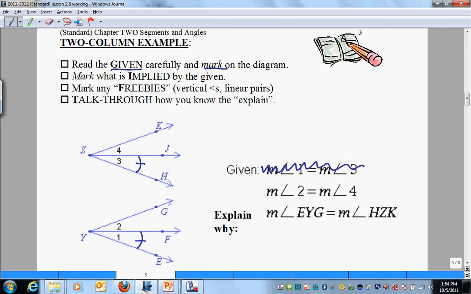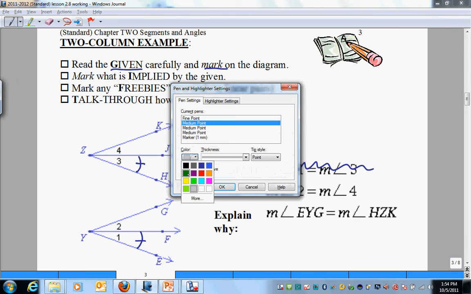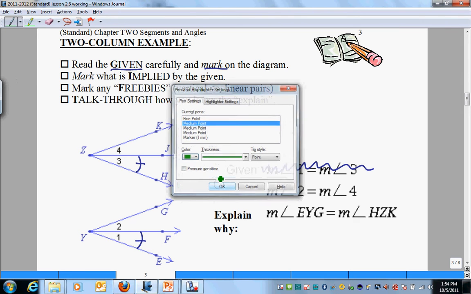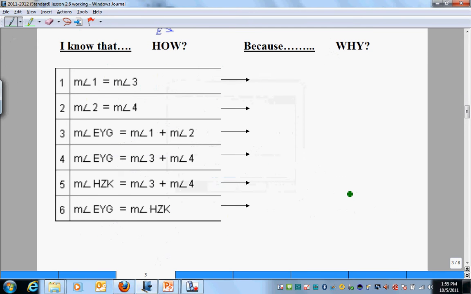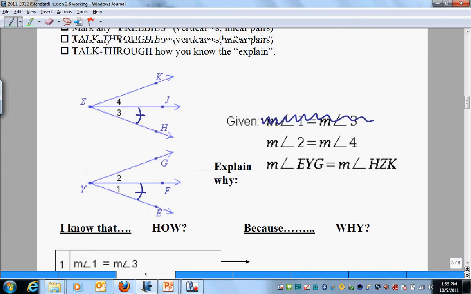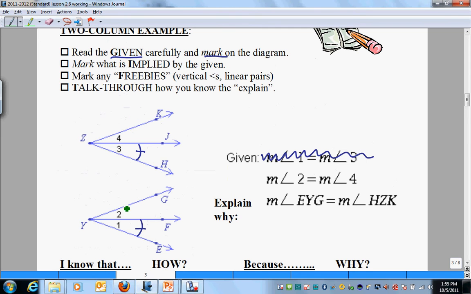And then cross it out. What else am I given? I'm given angle 2 is equal to angle 4, so I know 2 is equal to 4. Cross it out.